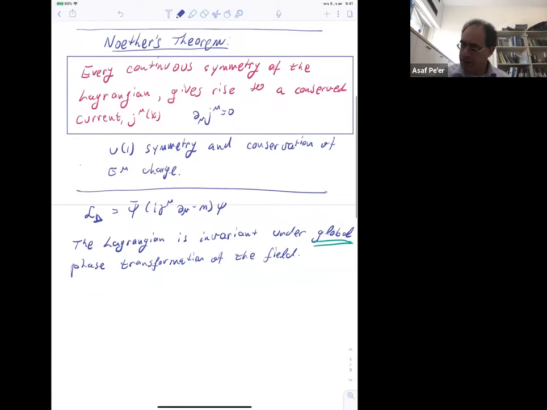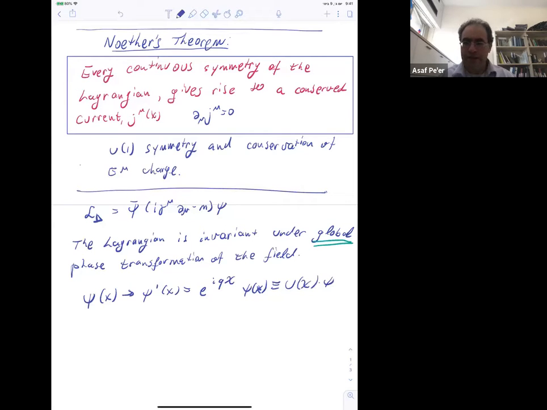We have a field psi, which is a function of x. Remember, the field gets any value at any point in space-time. And I can transform it to psi prime of x, which is just psi of x multiplied by some phase, e to the i q chi, times psi of x, which can be written as U of chi times psi.